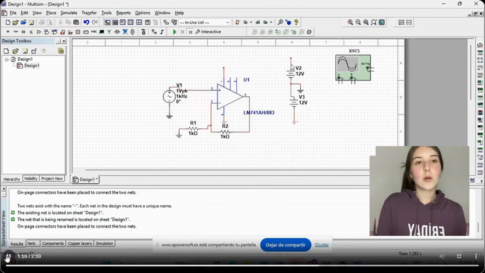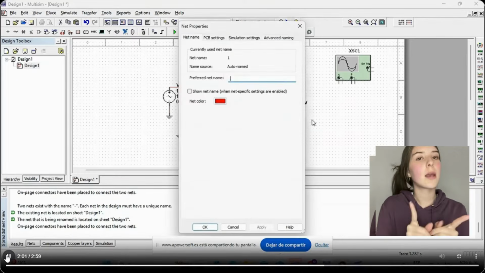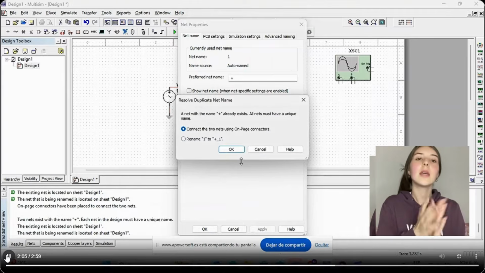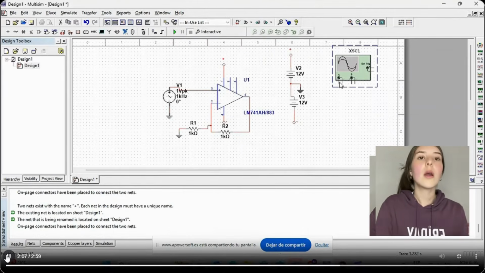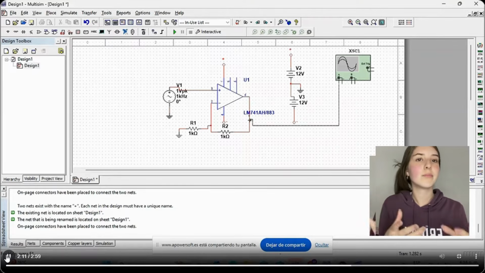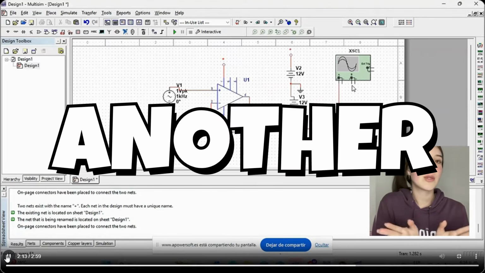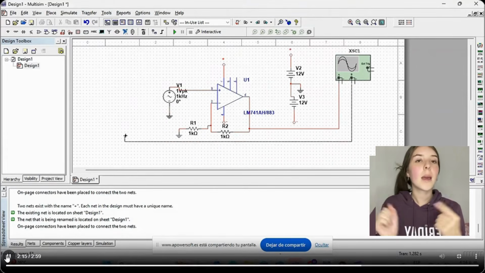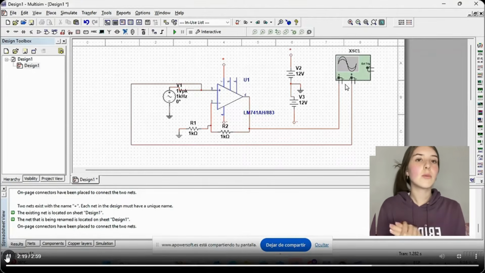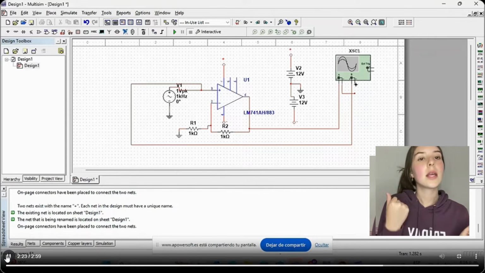Right. The oscilloscope, we connect pin A positive to the output voltage, and the other one the same way as shown. Then pin B positive to the non-inverting input, and the negative side of the pins to ground.